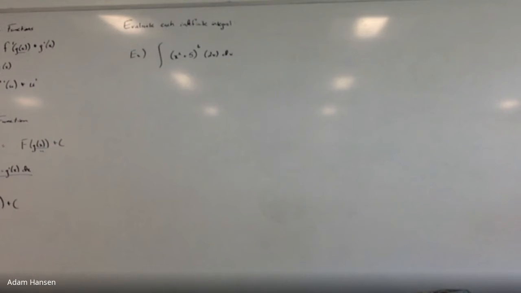I want to evaluate this indefinite integral by finding the antiderivative of x squared plus 5 to the 6th times 2x dx.